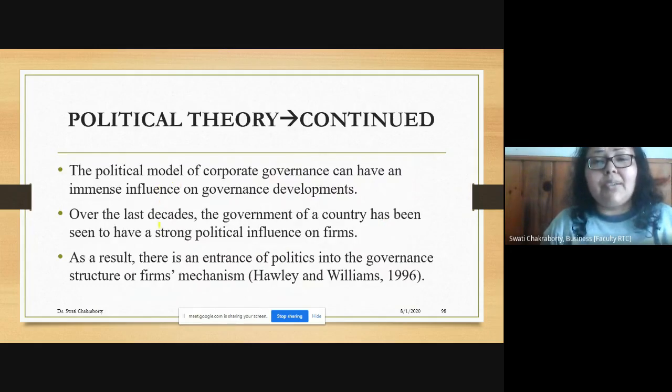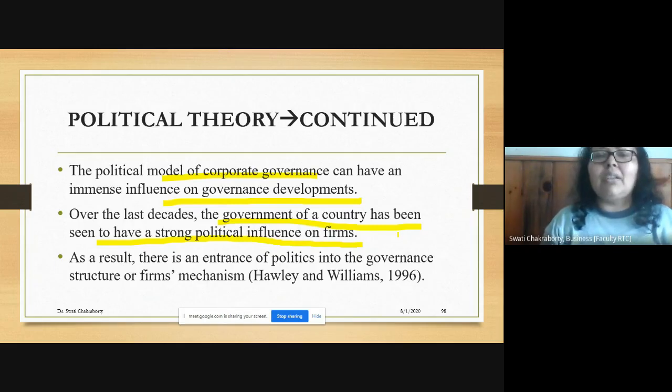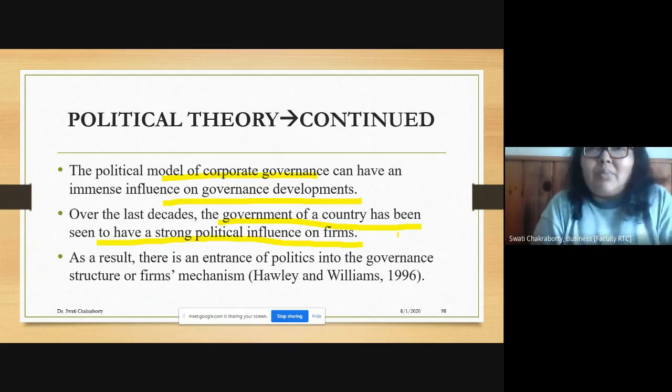The political model of corporate governance has an influence on governance developments. The government of a country has been seen to have a strong political influence on firms. It has happened, like sometimes, when the government acts for its own benefit, it can force the firms to do something.